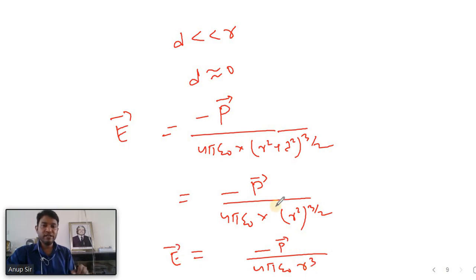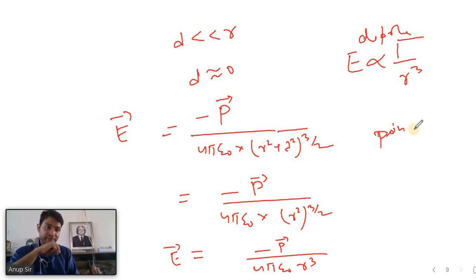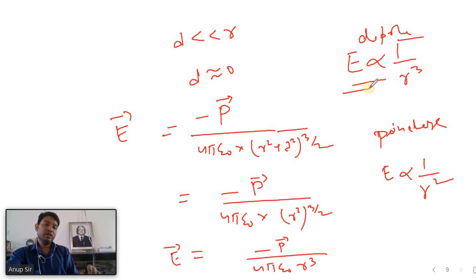So you are finding that the electric field due to the dipole is proportional to 1 by r cube, whereas due to a point charge the electric field is proportional to 1 by r square. So here the electric field falls off quickly, because it is proportional to 1 by r cube.